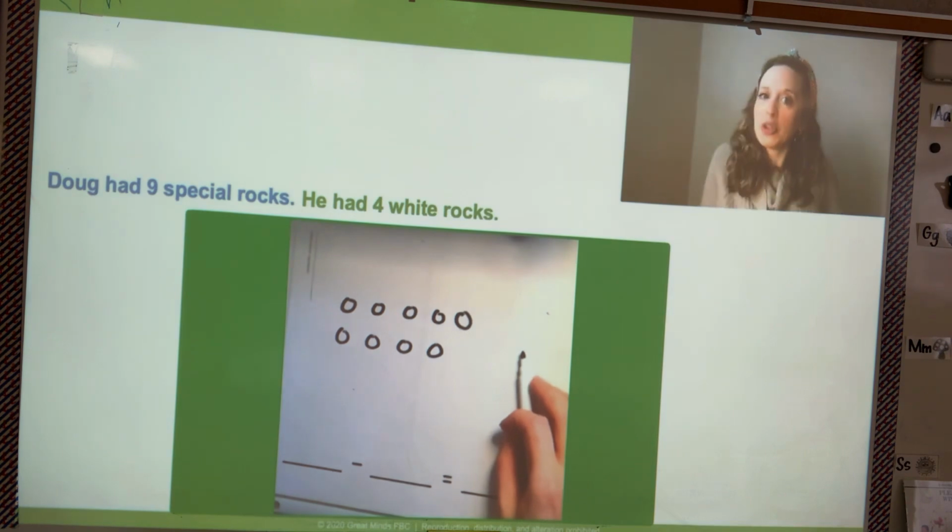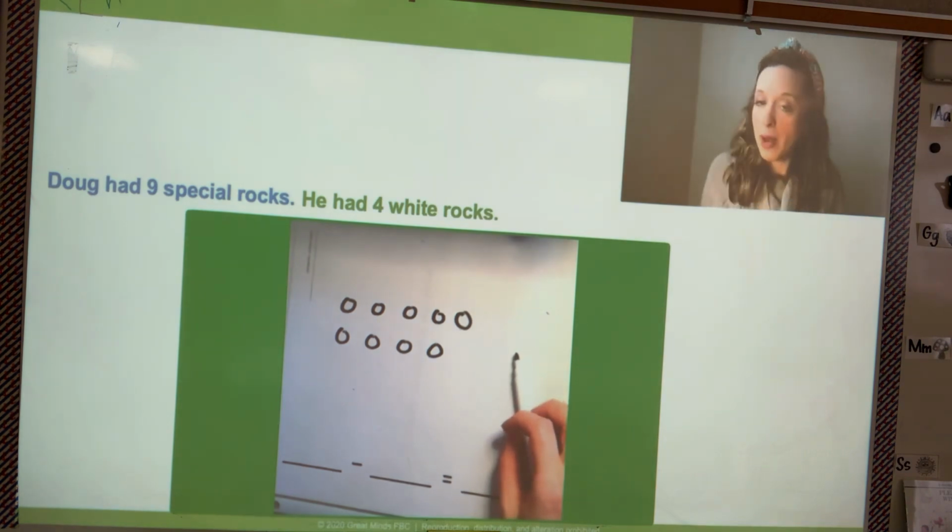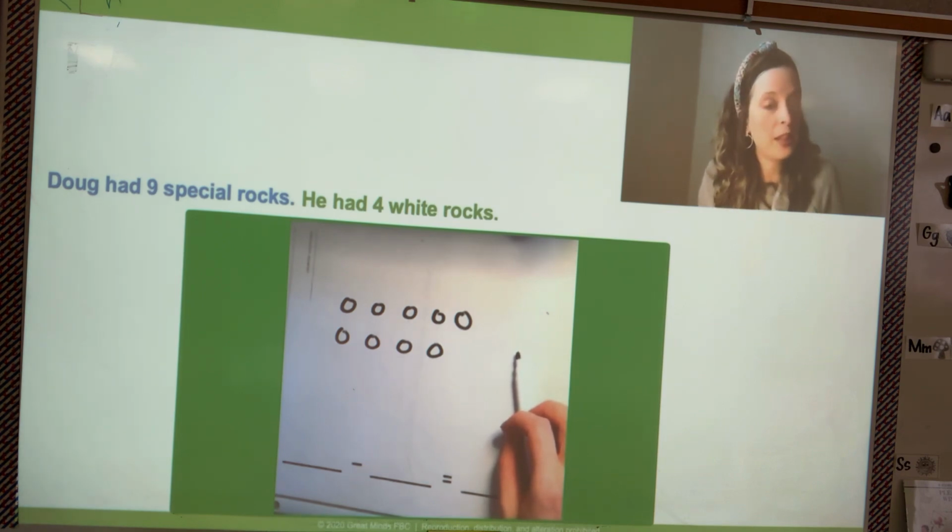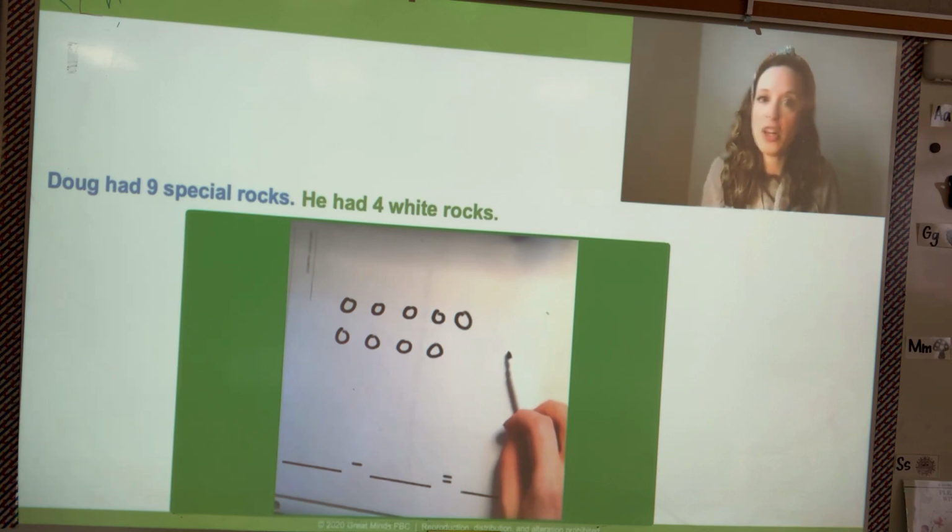I heard 2 different ideas. One friend said, well, we could circle the 4 rocks just like we did with the last story. Another friend said that we could cross out the rocks because we're trying to find out how many other rocks he has left that aren't white.